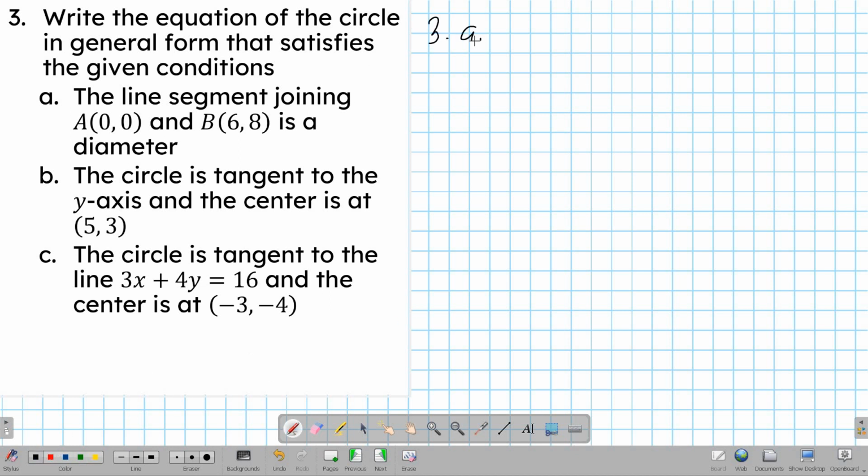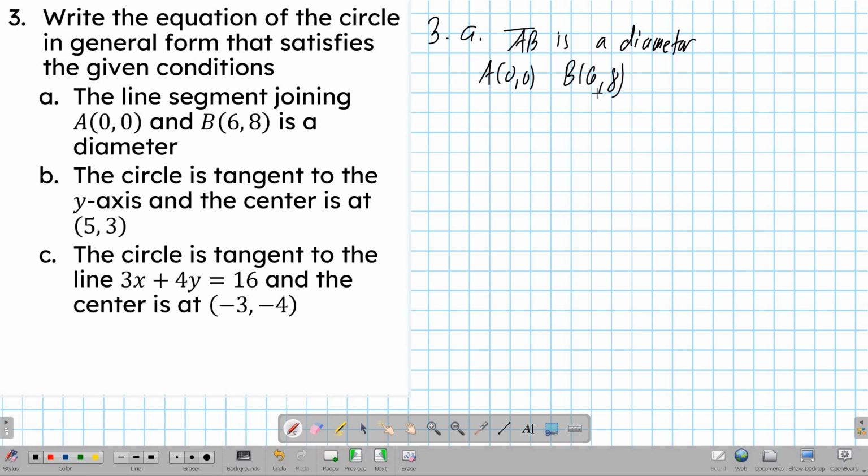In 3a, we are told that the line segment joining A (0, 0) and B (6, 8), so the line segment AB, is a diameter of the circle, with A at (0, 0) and B at (6, 8).